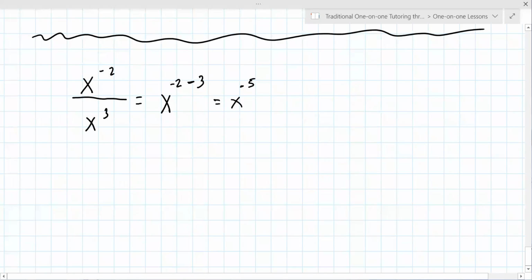Okay, so we're going to do an example just like it. x to the -6 over x squared. So it's the top number minus the bottom number.